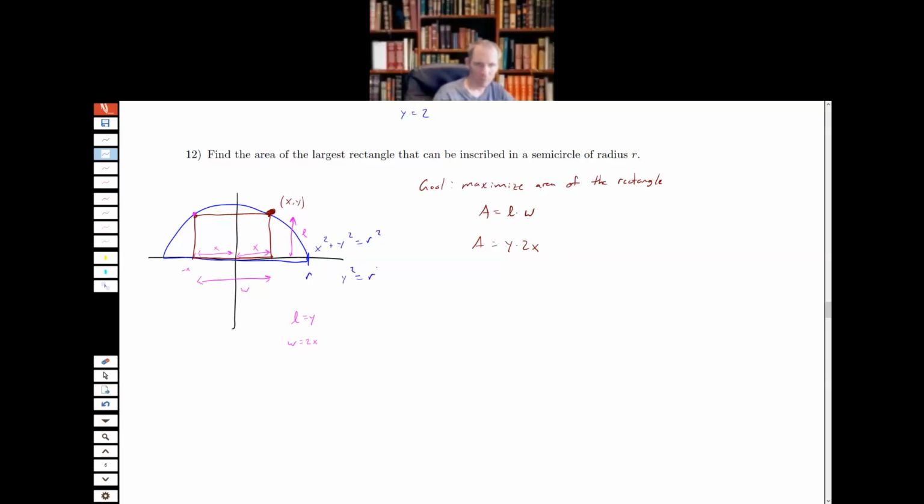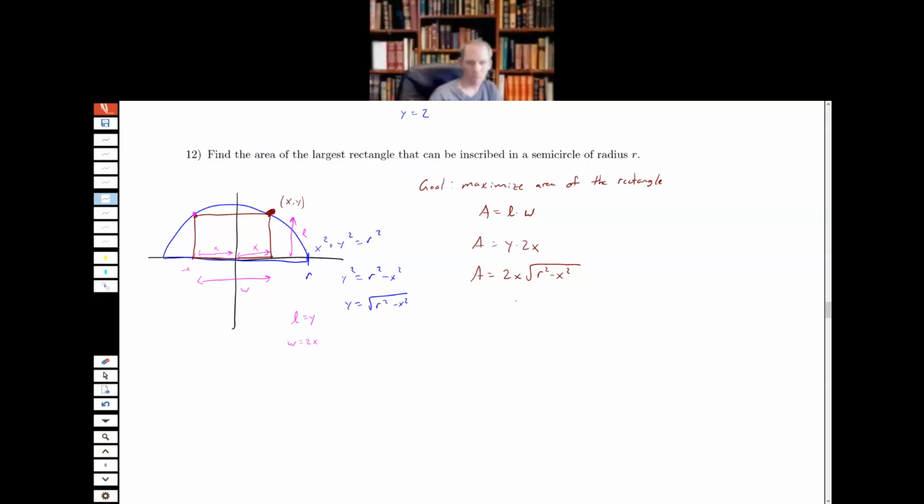So y squared is r squared minus x squared. So y is the square root of r squared minus x squared. So I can rewrite my area function now as 2x times the square root of r squared minus x squared. And r isn't really a variable, right? It's an unknown constant because the semicircle has a radius r. We just aren't told what that radius is.